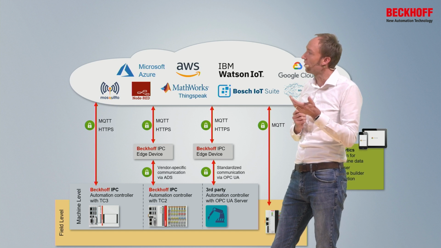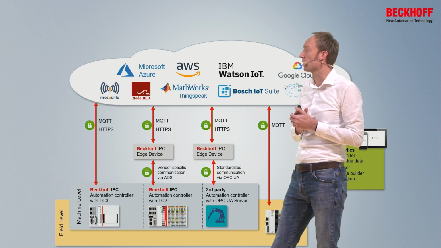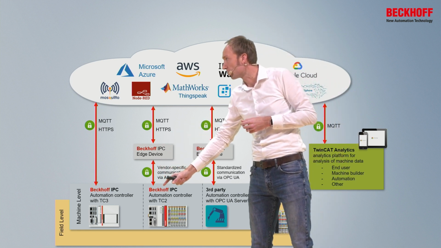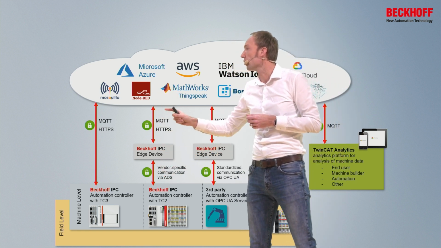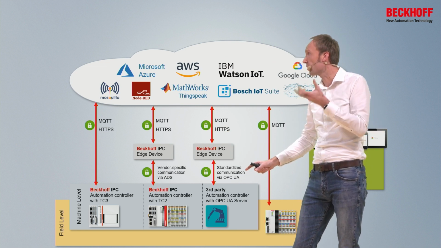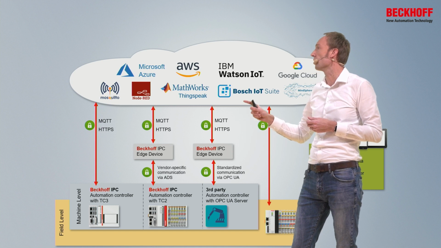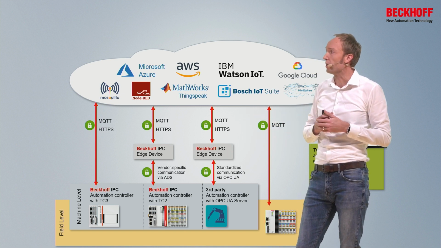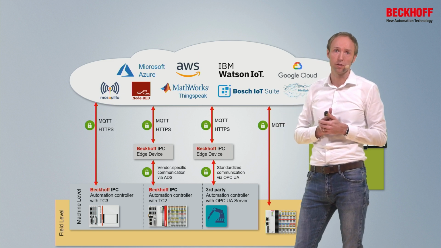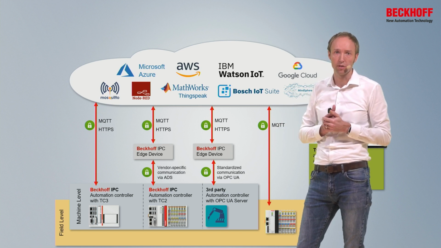But of course, we saw earlier that you can also use an edge device that you can place in front of your existing machine application in order to connect this machine application to the cloud. You can use the same edge device also for aggregating third-party devices to the cloud, because we do not only use proprietary communication protocols, but also standardized communication protocols like OPC UA.